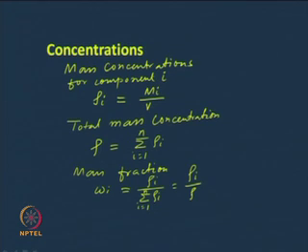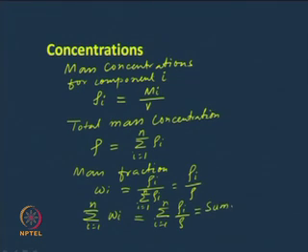And the sum of the mass fractions, summation over i is equal to 1 to n of w i, will be equal to summation of rho i by rho. So, this is the total sum of mass fraction.